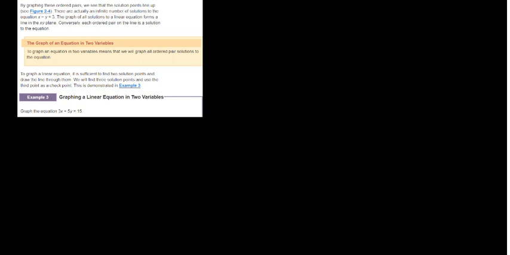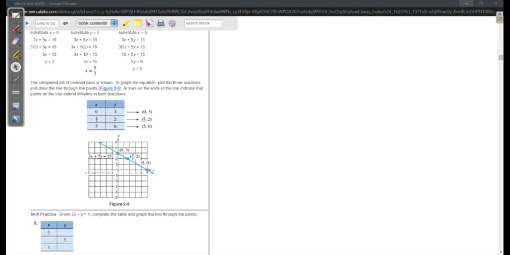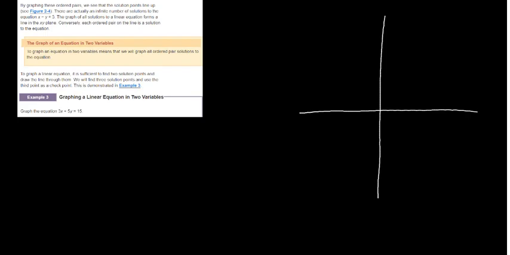We need to create a rectangular plane here. Not sure how far I need to go out. Looks like 5, okay? So we'll do 1, 2, 3, 4, 5.